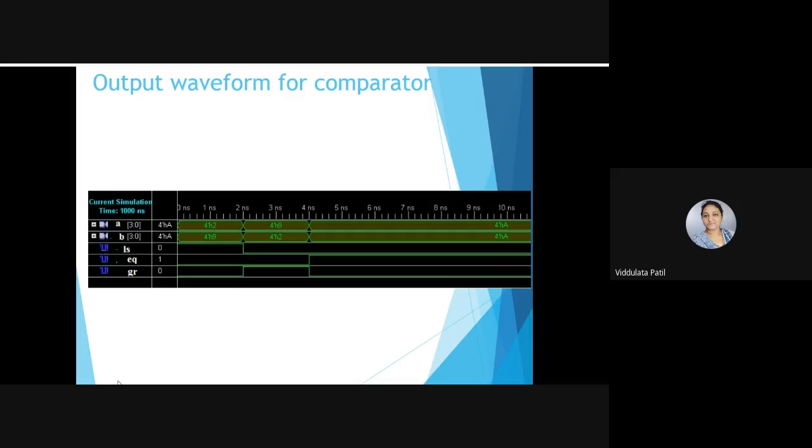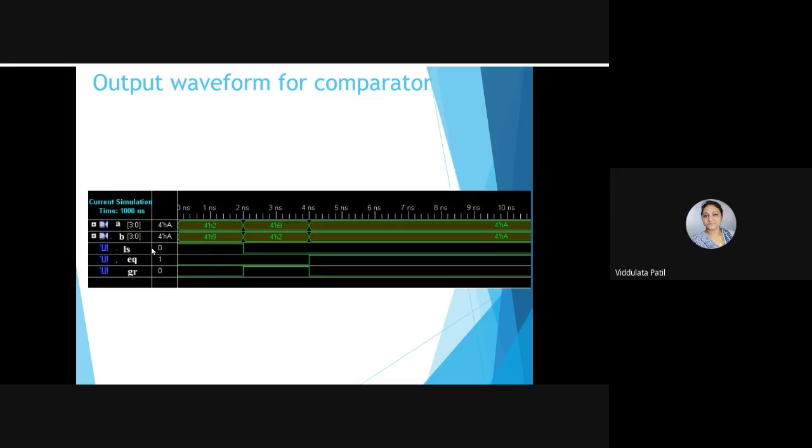Okay, and when we simulate this, we will get this type of output waveform. So here you can see that initially we have assigned a 4-bit value, that is A, which is 2 in decimal, and B is 9. So this is A and B, and actually this is a bus structure.